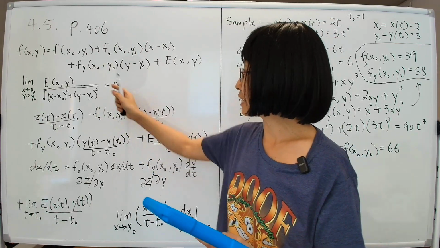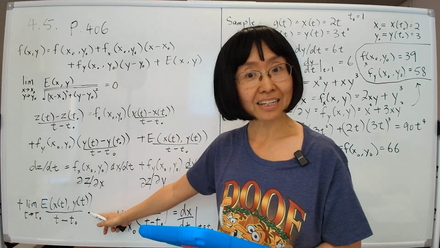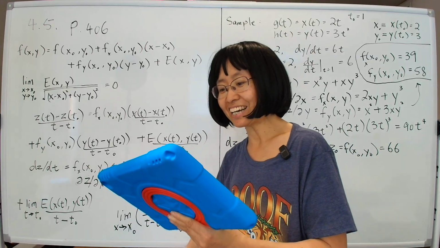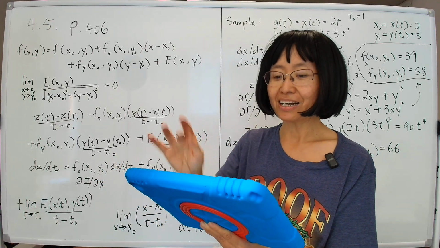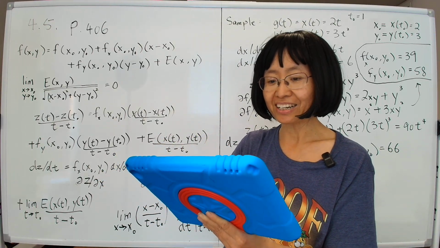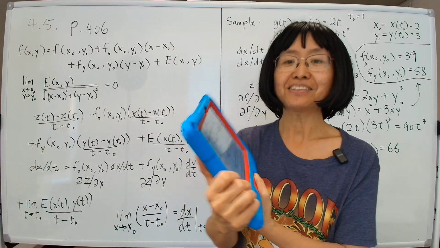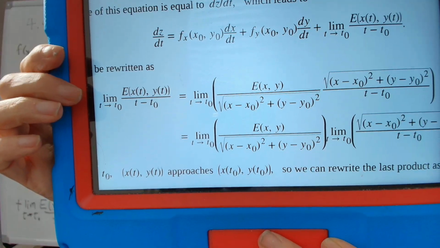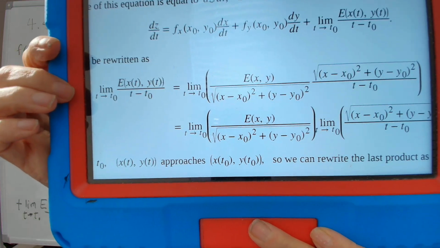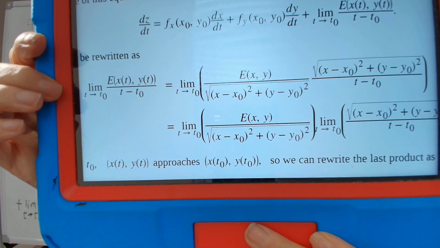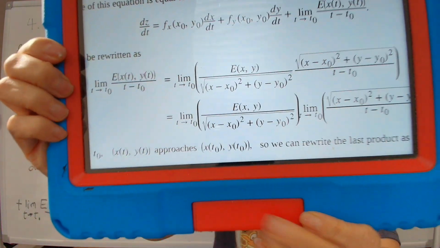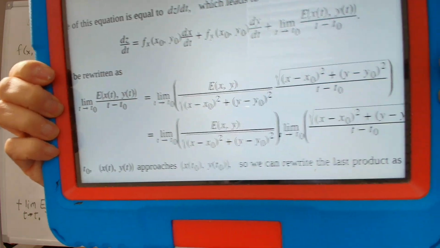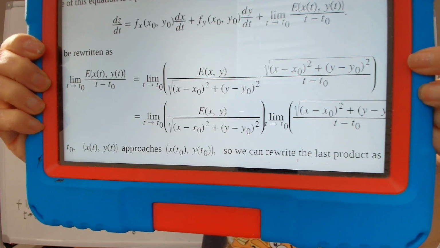Now, how are we going to get that into this, right? And this is where your book comes up with a very neat trick, okay? Now, what we're going to do is pull this neat trick. Here's the limit, okay? And what we're going to do is divide and multiply it by the square root of x minus x0 squared plus y minus y0 squared.